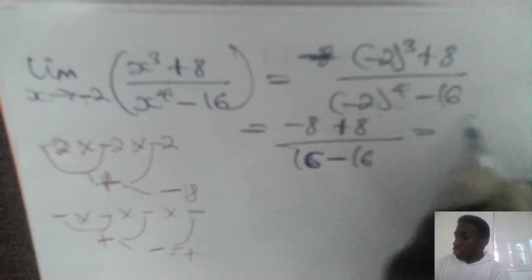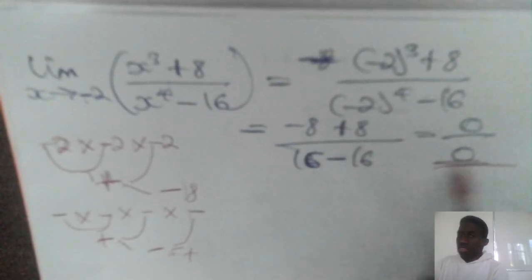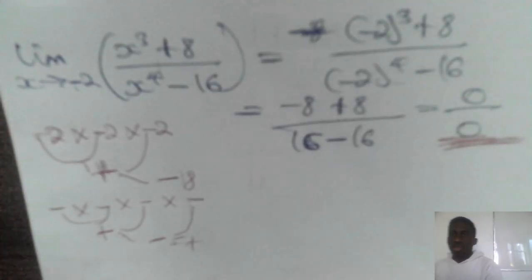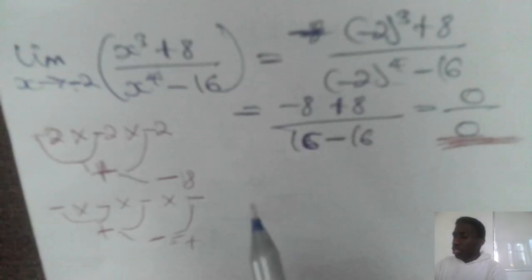So we have the 0 over 0 that we've been seeing recently. But we still wish to solve this, even despite this indeterminate form. So the method we're applying is simplification.